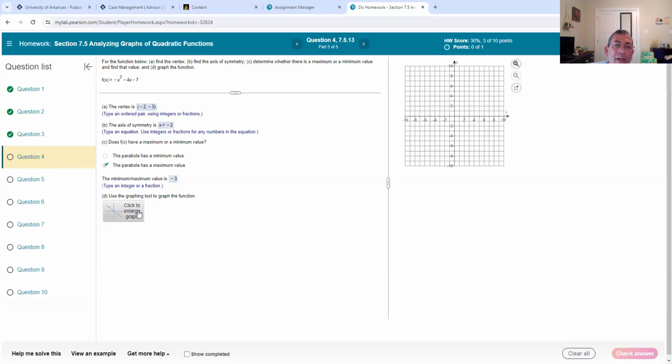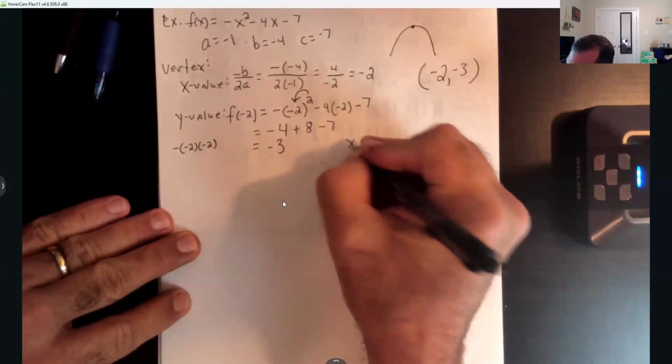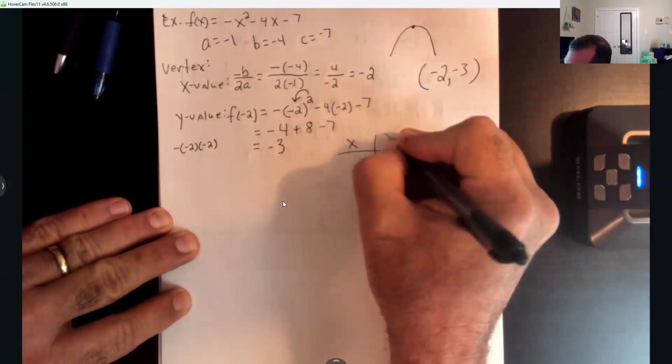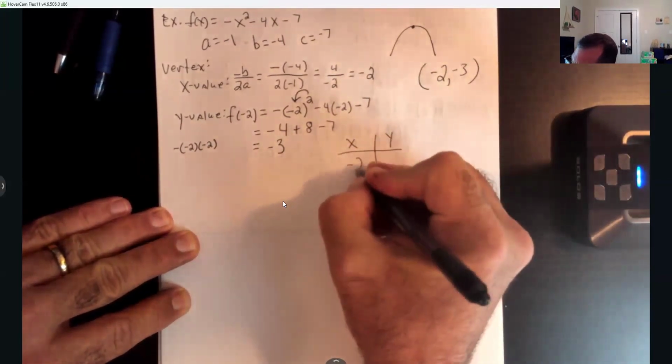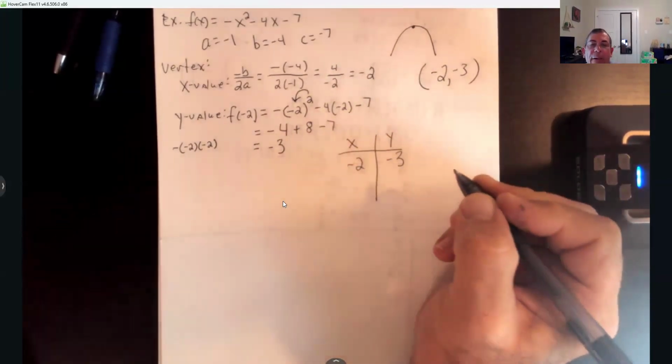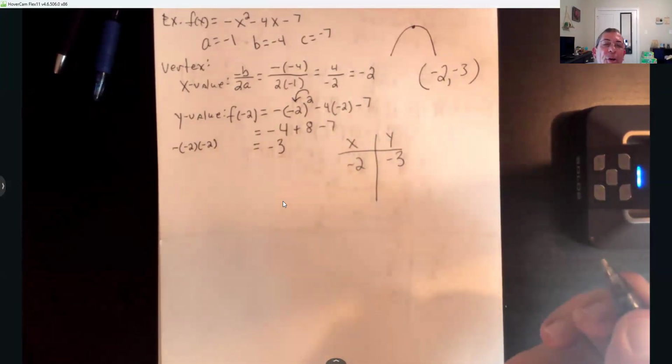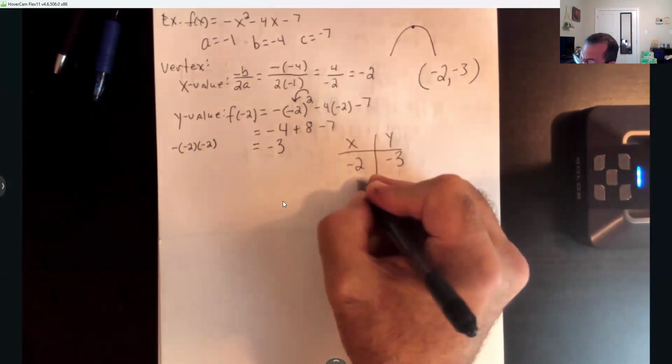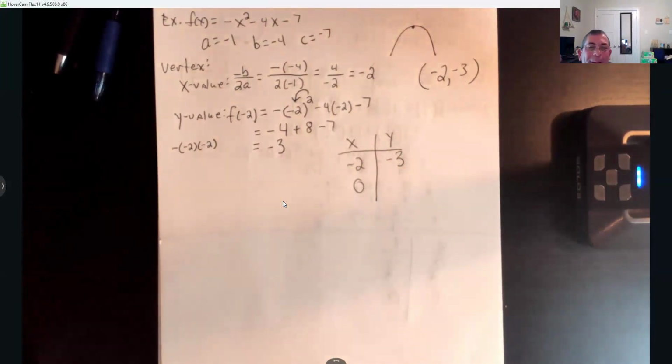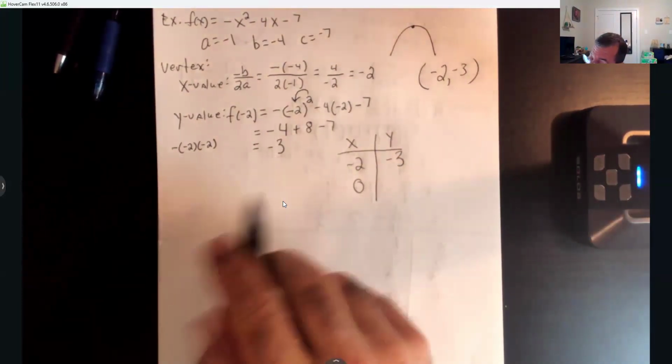All right, y'all, then once again, we got to graph it. So let me go get one more point. So for my x and y table, I know I got to use -2, -3. So I'm going to pick another number that's easy to do. I'm going to do 0. So you can never go wrong picking 0.